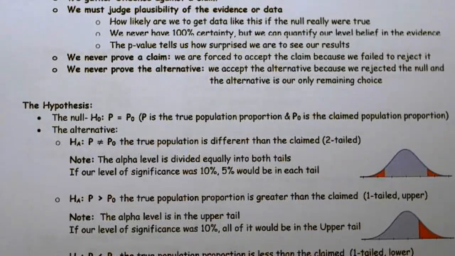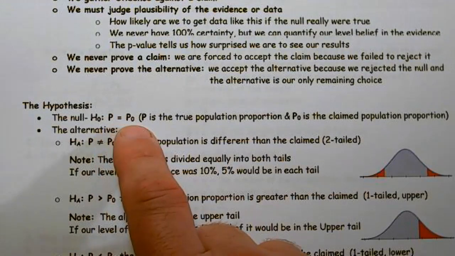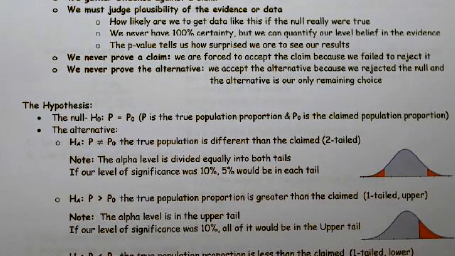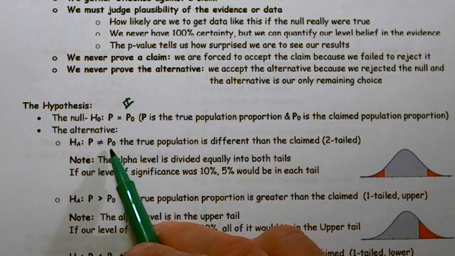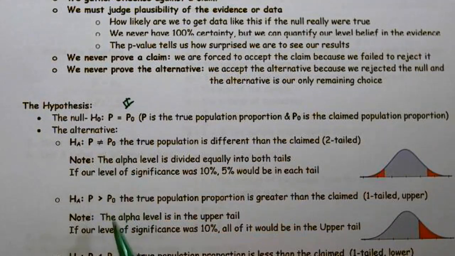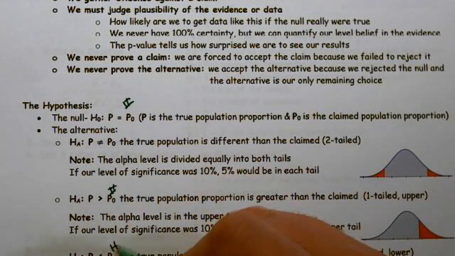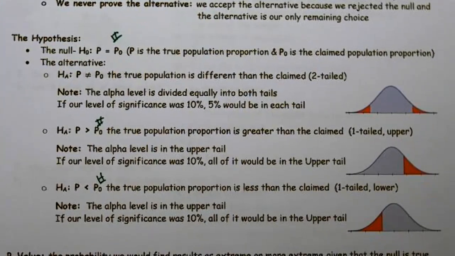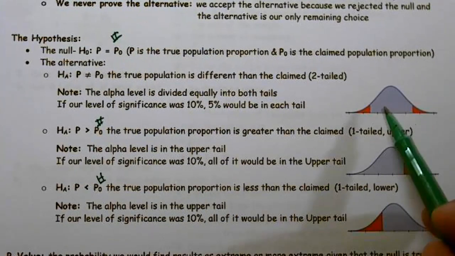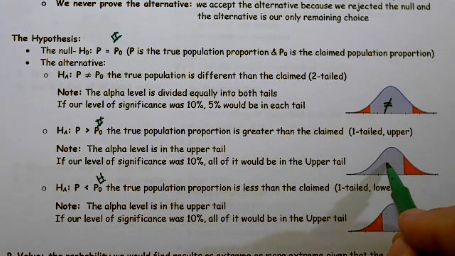Our hypotheses are going to be set up as P naught equals the claim, some value. This is going to be some proportion. Or P does not equal that, or P is greater than, or P is less than. Please remember, this is just going to be some value. This is for the one sample proportion that we're working with today. And these are the graphs that would look like it. This would be the not equal graph. This is greater than because we're shading up, and this is less than.